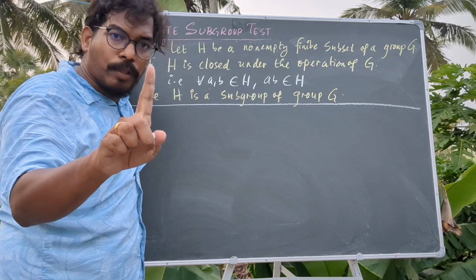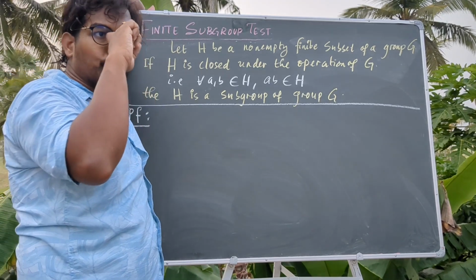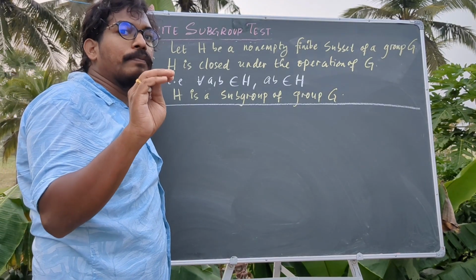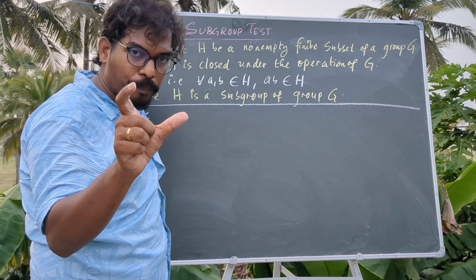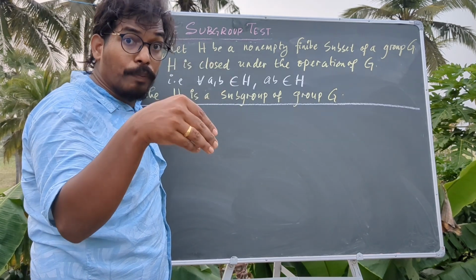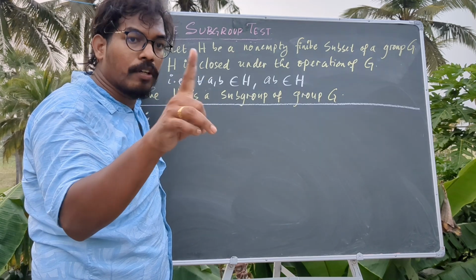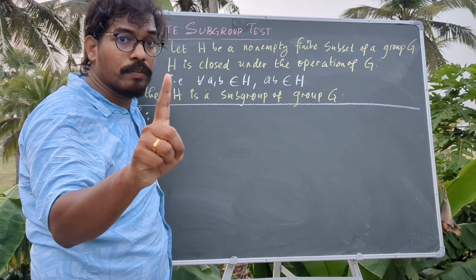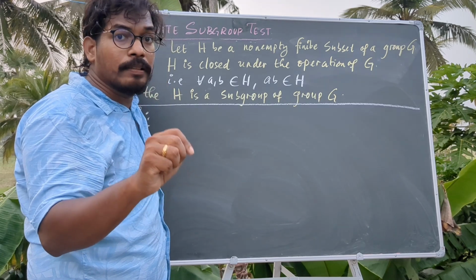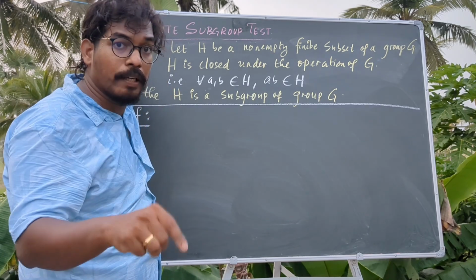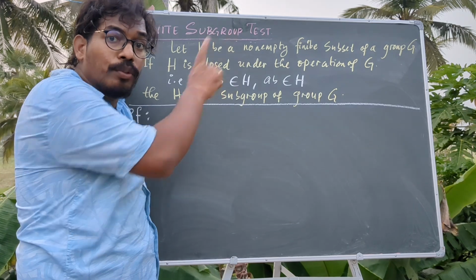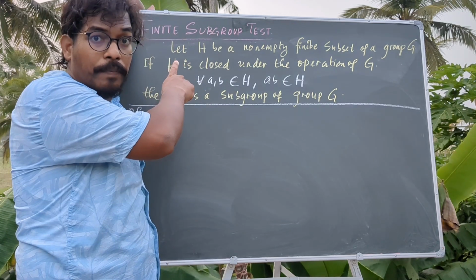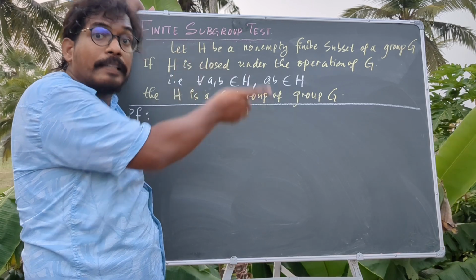We have seen the two-step subgroup test. It says if a subset of a group has two properties, first, the set must be closed, and second, the set must have the inverse of every element. Here we have only the closed property, and the set is finite.